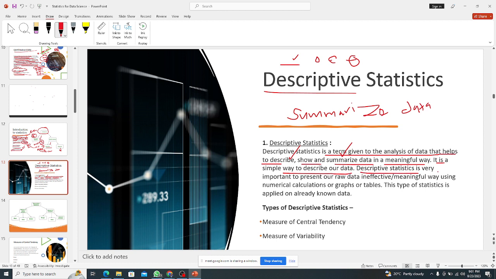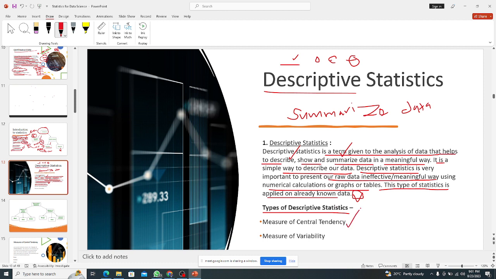It is very important to present our raw data in an effective, meaningful way using numerical calculations, graphs, or tables. This type of statistics applies to already known data, so you must have the data ready already. Then let's go to the types of descriptive statistics.